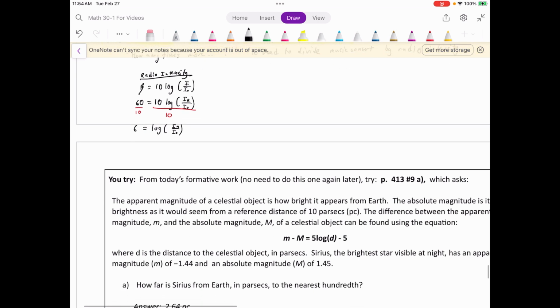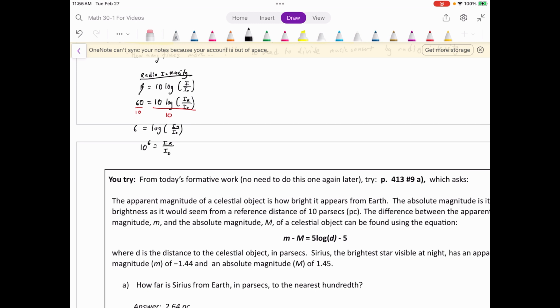Okay, and look at this. We've now got a log base 10 of something equals 6, right? So we can just convert this to exponential form to start solving for I radio. So 10 to the power of 6 is I radio over I naught, that reference intensity.